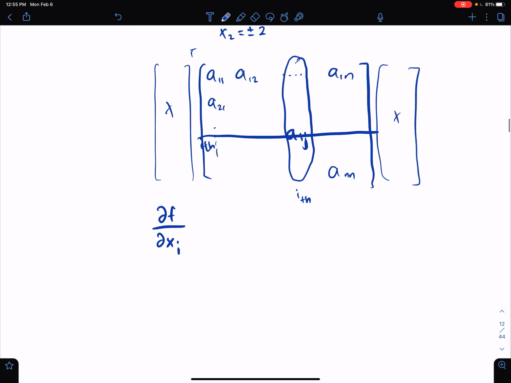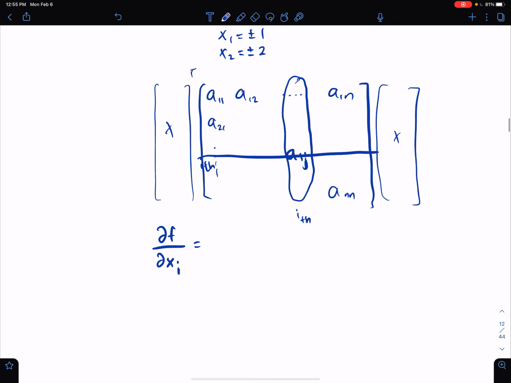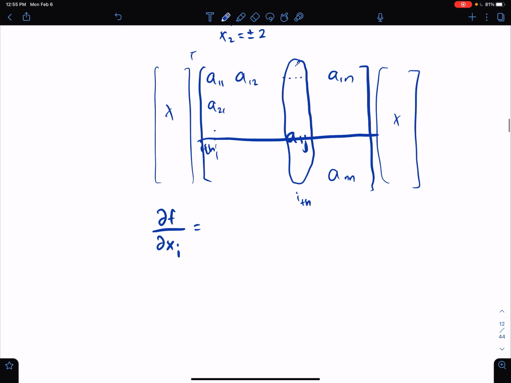So in general, what's going to happen is we have a summation for j not equal to i, we're going to have xi xj aij. So this is like all the rows except the entry that shows up twice.